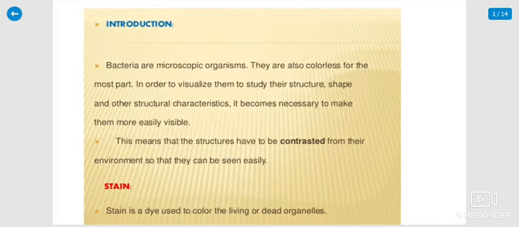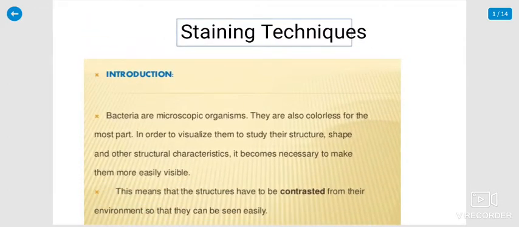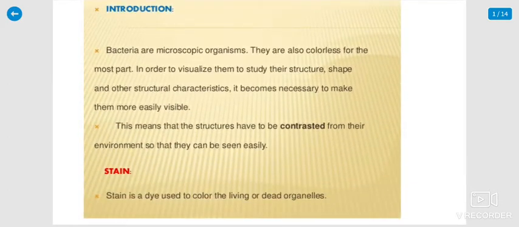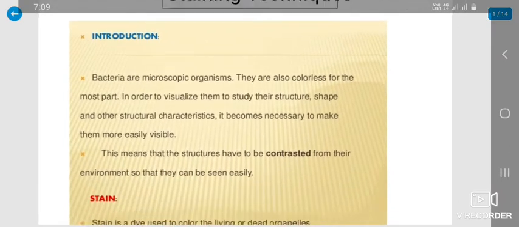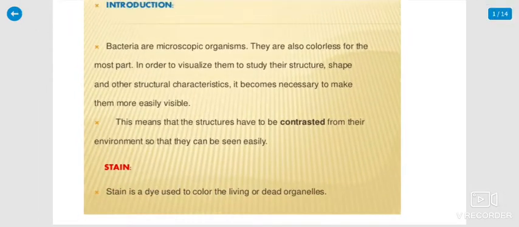Actually, the staining techniques, what is the purpose of this stain? Bacteria are microscopic organisms, and there are also colorless forms. In order to visualize all the parts, to study their structure, shape, and other structural characteristics, it becomes necessary to make them more easily visible.